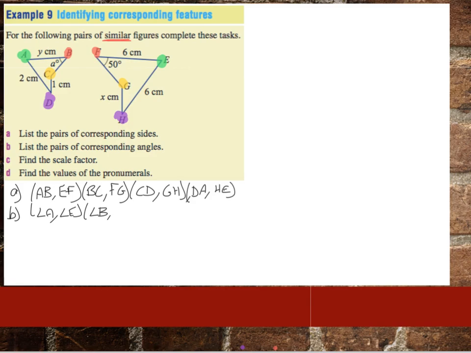So angle B, the red one, is butting up with angle F. Then angle C with angle G. And then lastly we have angle D with angle H.